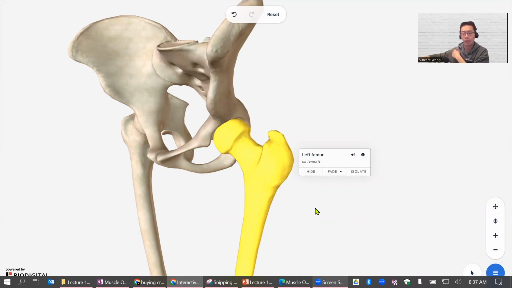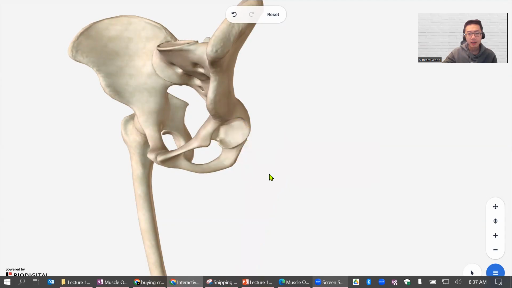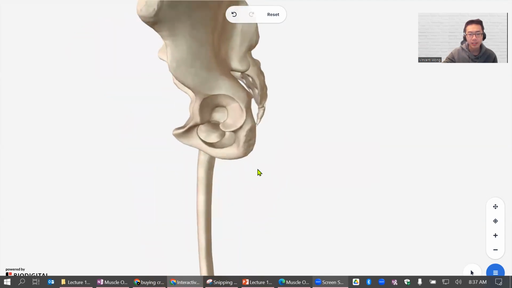Remember, the head of the humerus goes into the glenoid cavity that is formed by your scapula, right? That was the other one that we talked about. So here, similarly in the leg, we have the head of the femur that is going into a socket. Now I'm going to delete the femur here, and you can see there is the socket.